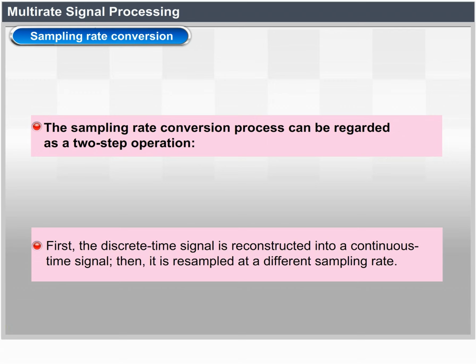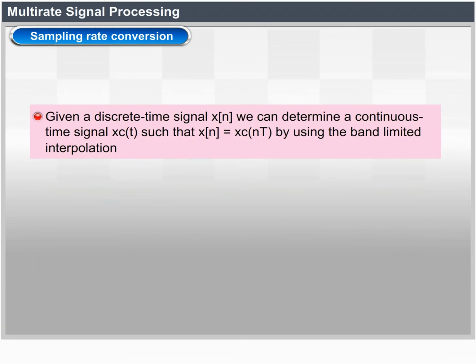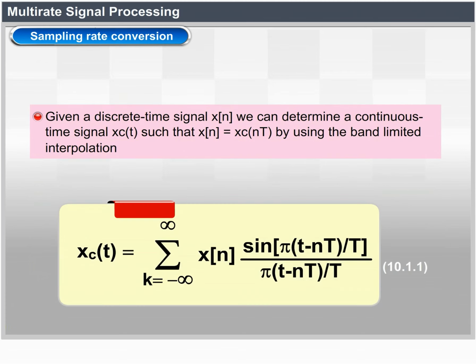Given a discrete time signal x[n], we can determine a continuous time signal xc(t) such that x[n] equals xc(nT) by using the band limited interpolation xc(t) = summation k equal to minus infinity to plus infinity x[n] sin(pi(t - nT)/T) / (pi(t - nT)/T), which is called equation 10.1.1.